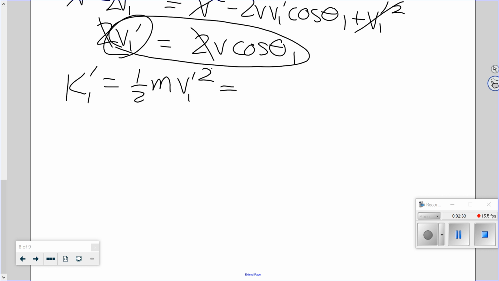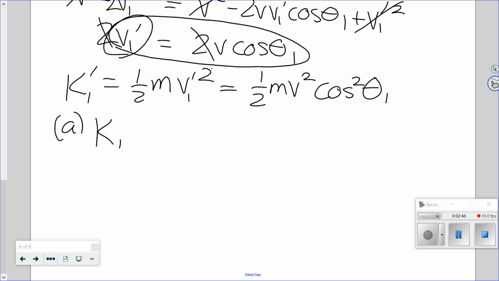So it's just 1 half m v squared cosine squared theta 1, and they said to write it in terms of k1. That's it. So here's the answer to A. k1 prime, and they wanted this monster algebra.